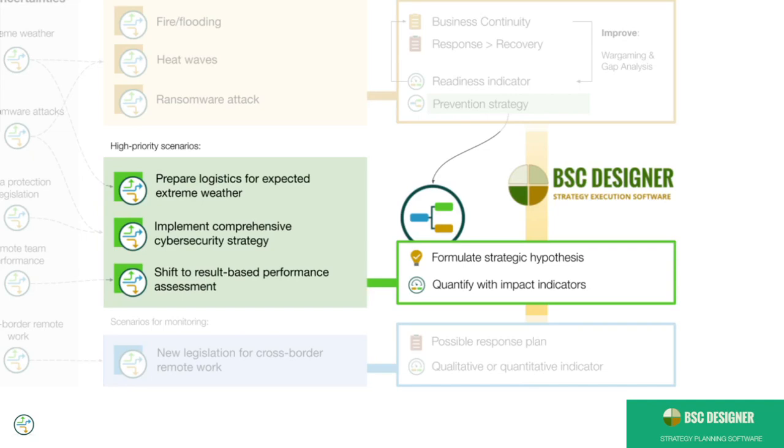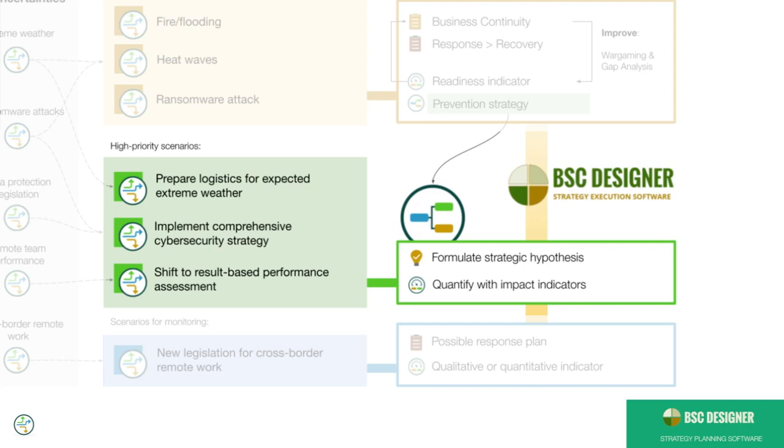Another type of scenario is high priority scenario. These scenarios resonate with existing strategy and are strategic hypotheses that we can start working on right now. The occurrence of the ransomware attack that we discussed before is covered by the business continuity scenario. But the prevention initiatives for such attack sounds more like a high priority scenarios that we can start working on before the actual crisis hits.